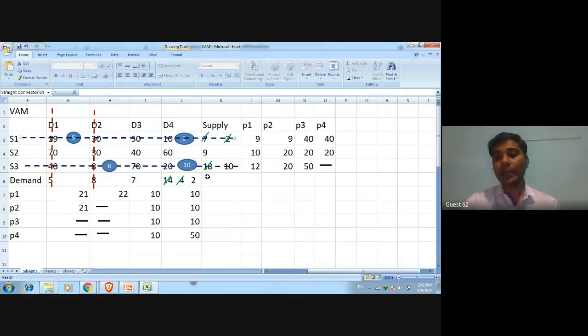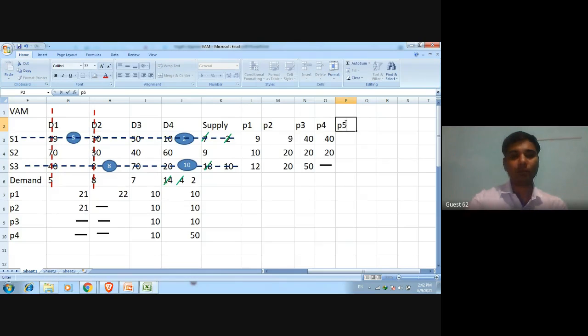Now, again, we will calculate the penalty P5. There is no need to calculate the penalty for plant S1 because it has already exhausted, so we will draw a dash in row R1.